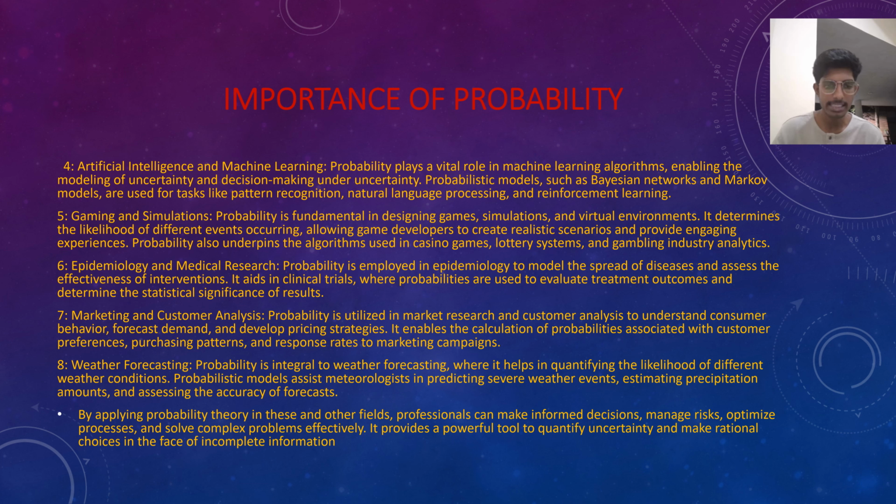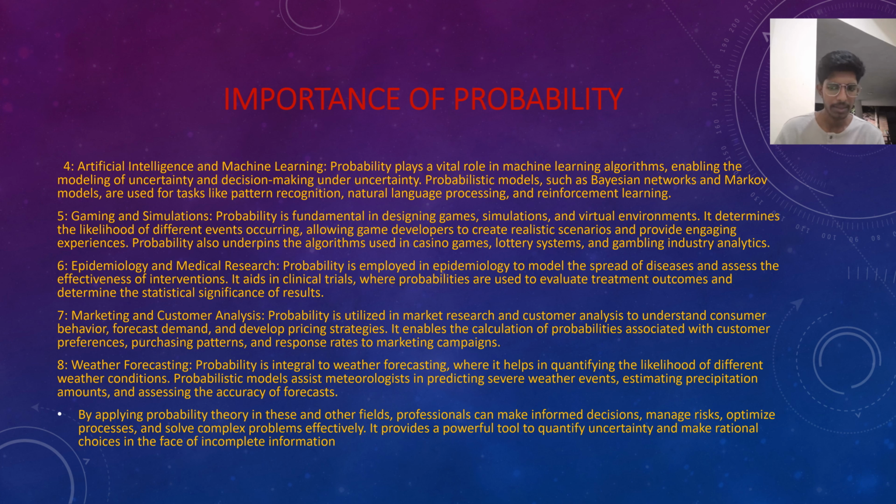Next, we are going to discuss artificial intelligence and machine learning. Probability plays a vital role in machine learning algorithms, enabling the modeling of uncertainty and decision making under uncertainty. Probabilistic models such as Bayesian networks and Markov models are used for tasks like pattern recognition, natural language processing, and reinforcement learning.